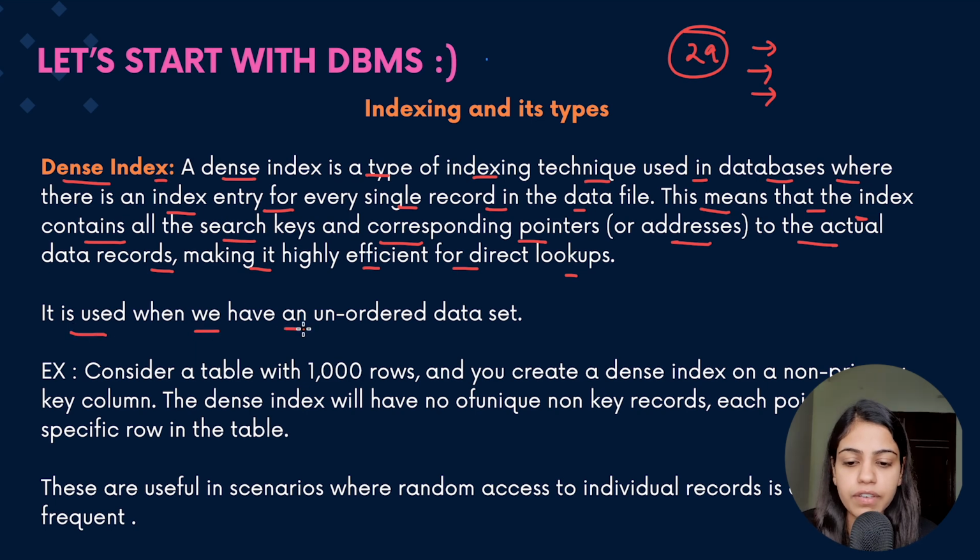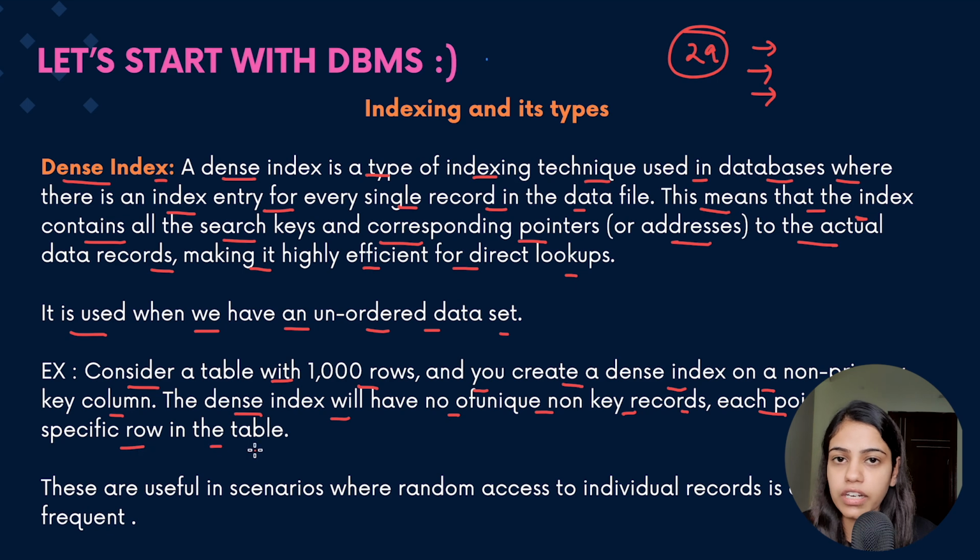So it is used when we have an unordered data set. Whenever you want to make an index on a non-primary key column where the values are also not unique and the data is unordered, you can use the dense index. Now consider a table with 1000 rows. You create a dense index on a non-primary key column, so it can have duplicate values. The dense index will have an entry for each unique non-key value, each pointing to a specific row in the table.